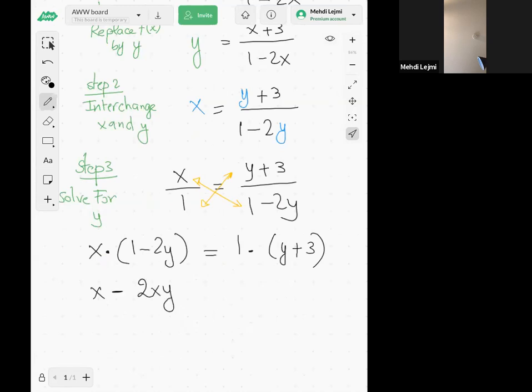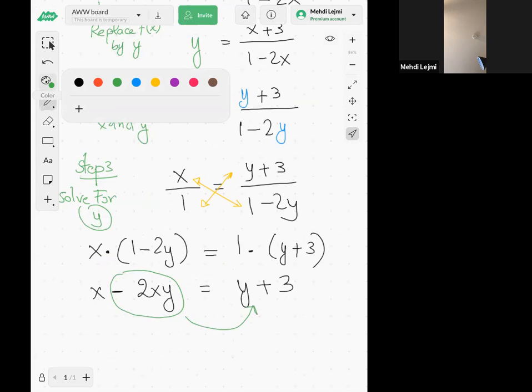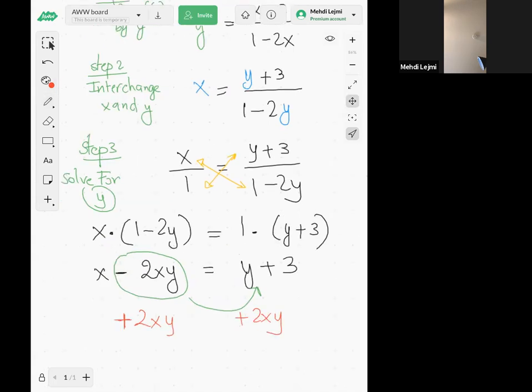The right side, we have y plus 3. I want to solve for y, of course, so we have to move all the y's to the same side. So I'm going to add 2xy.